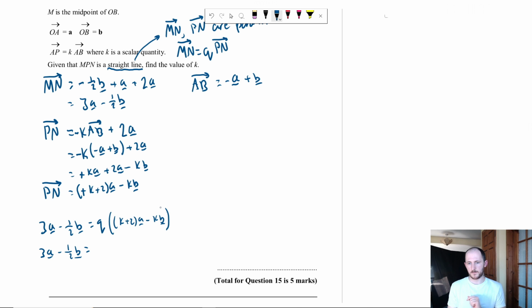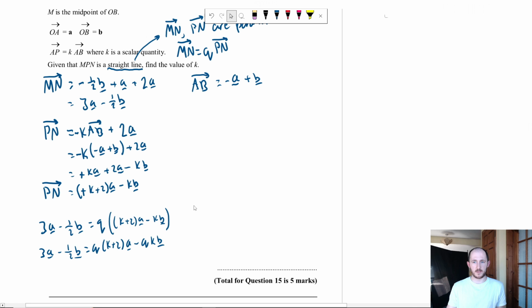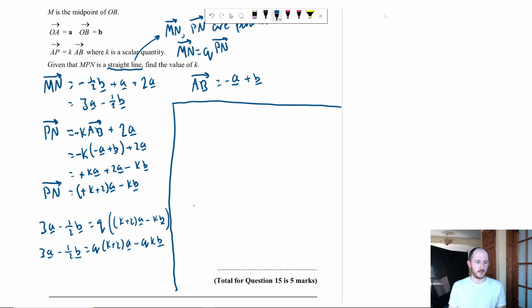I'm going to write that as q times (k plus 2)a. So all I've done is sub into that original equation I have. Is everyone with me so far? Again, I'm assuming that's generally what they do in the mark scheme. It's very annoying. Okay.